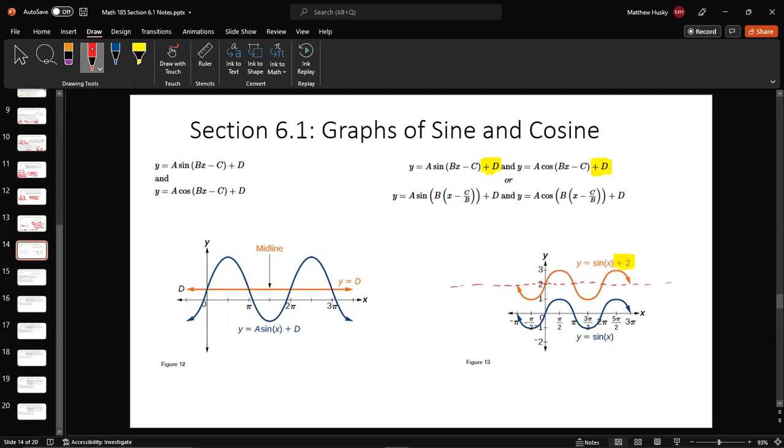And then from the midline, you would either go like up 1 or down 1. If you had an amplitude of say 3, you'd go up 3 or down 3 from the midline. And so that will then slide the graph up and down, as opposed to the phase shift where you slide the graph left or right.